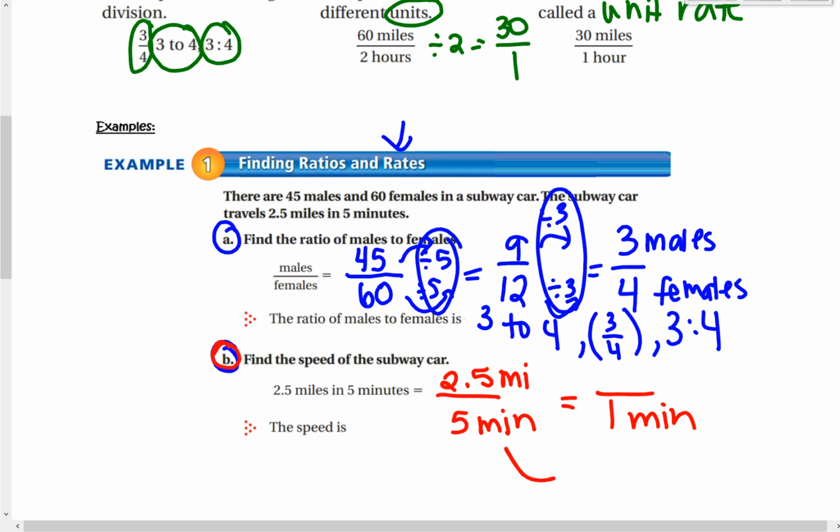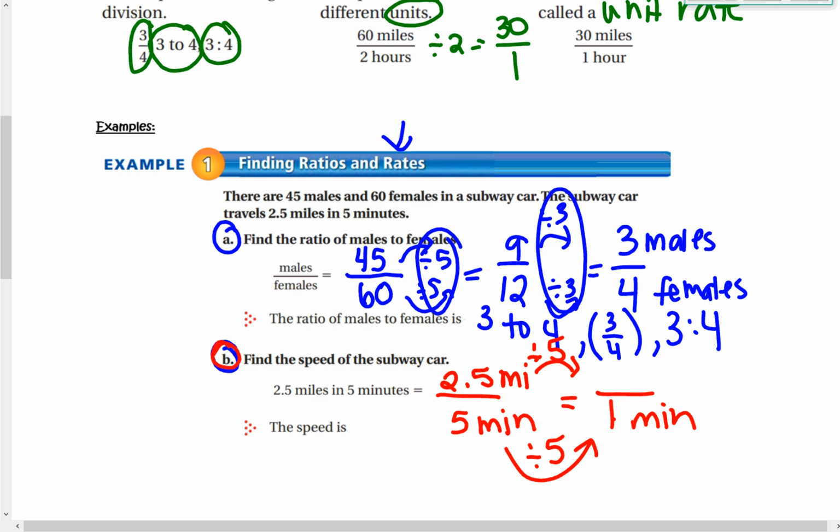Well, how do we get from 5 to 1? We are going to divide because we are going to a smaller number, and we're going to divide 5 by 5 to get 1. Okay, so what we do to the bottom of the fraction, like we learned last year, we have to do to the top. So we are going to take 2.5 and divide it by 5.